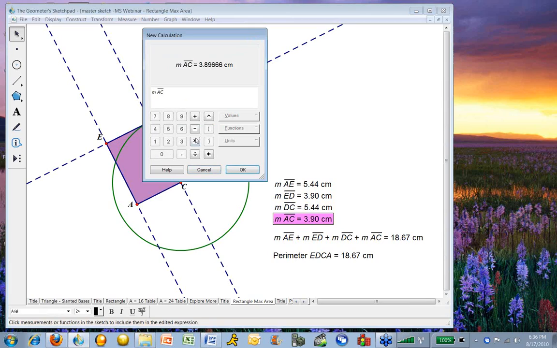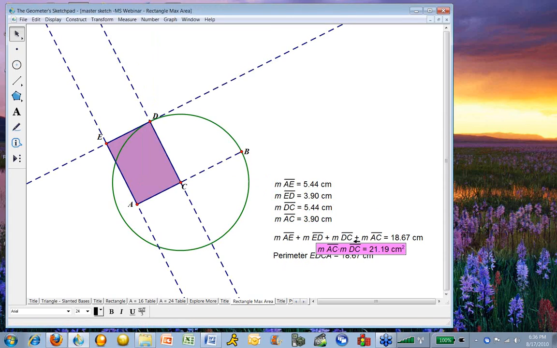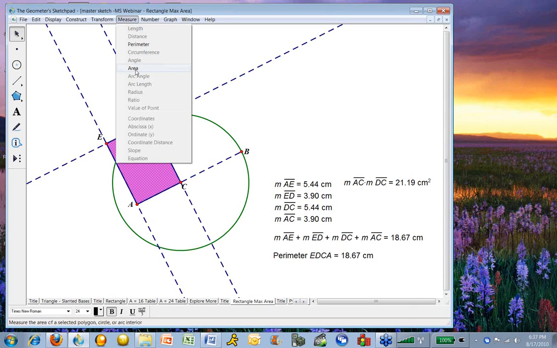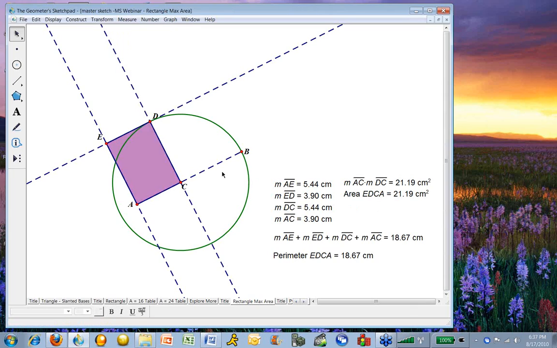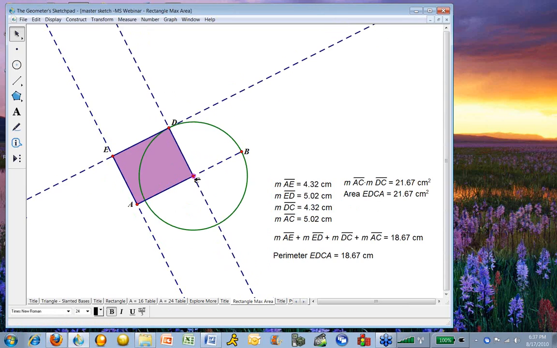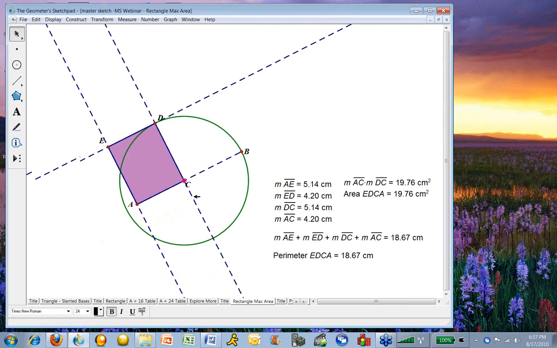So AC times CD, and that's the area. And again, I could do it the quick way with Sketchpad by clicking the inside and going up to measure, and now area is a choice. And so now as I change this shape, the area is changing, but the perimeter is constant.